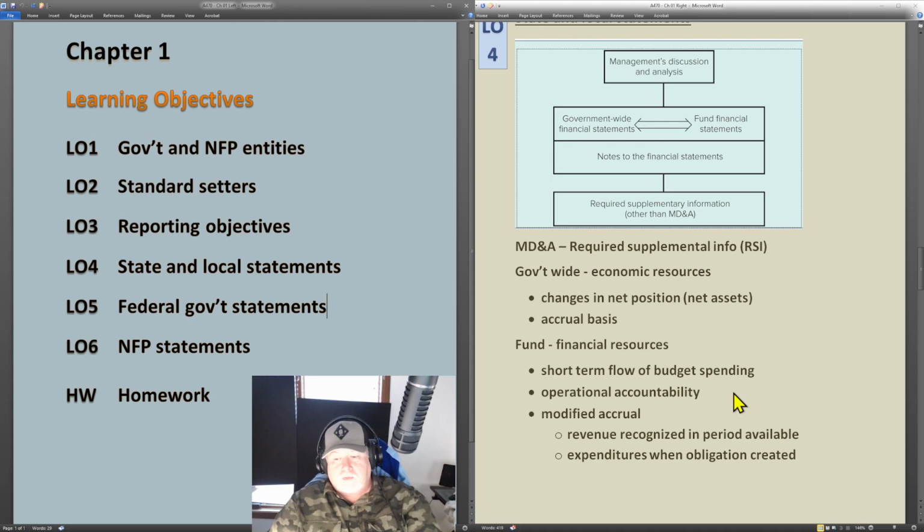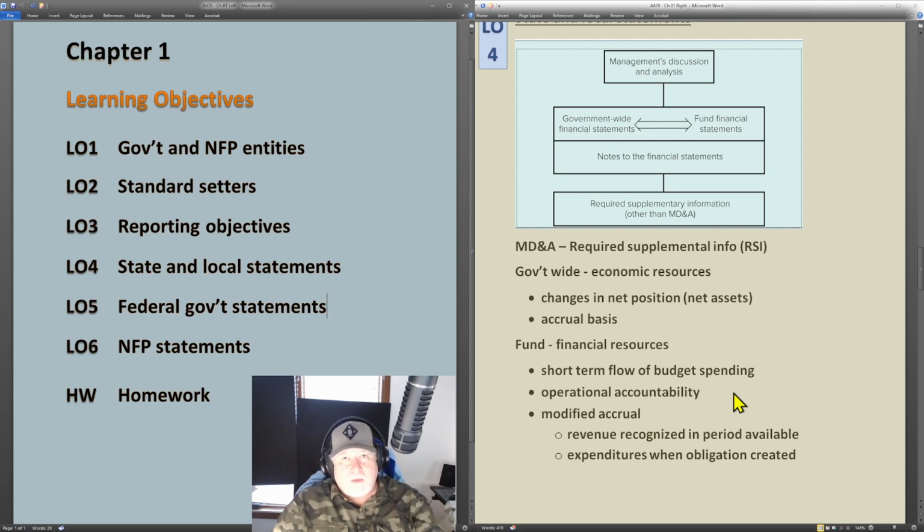Now, I'll just point out, and I think we actually get this on the next page, that I have used the word expenses, but expenses are specifically an accrual basis term. So we're not going to use it. We have to be careful about when we use expenses.